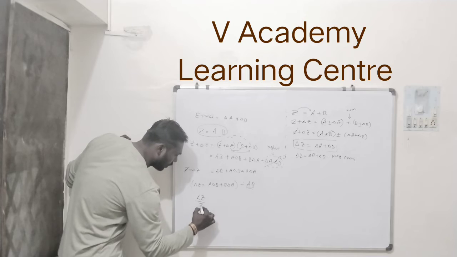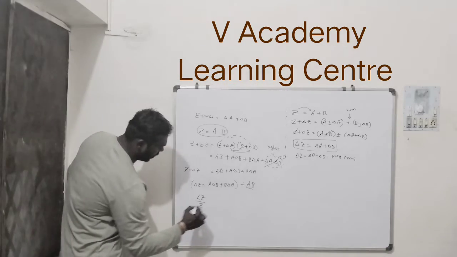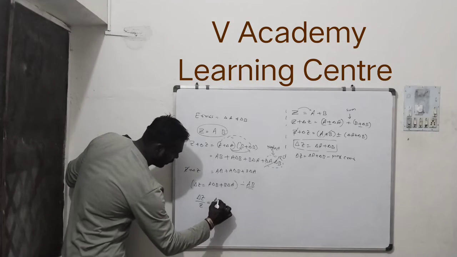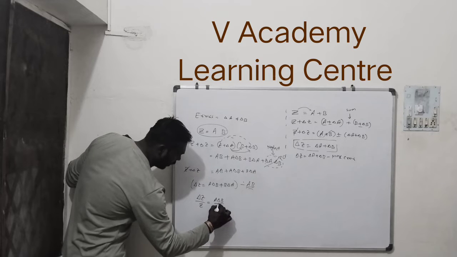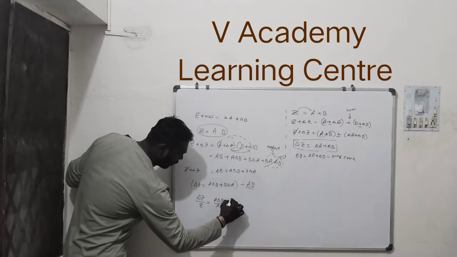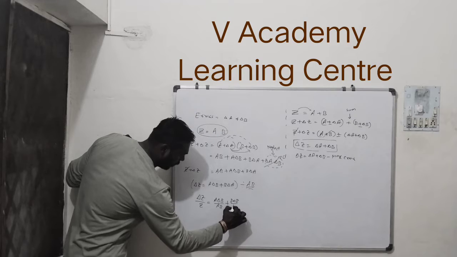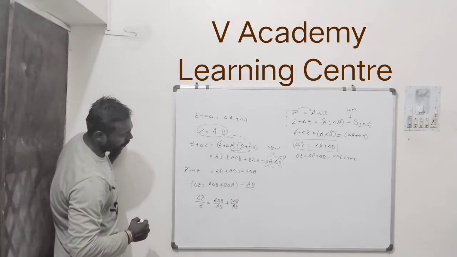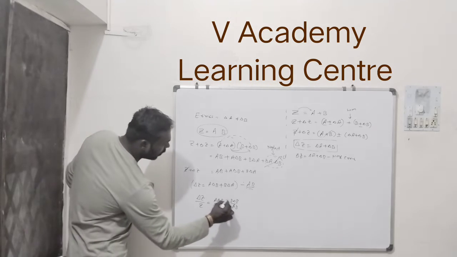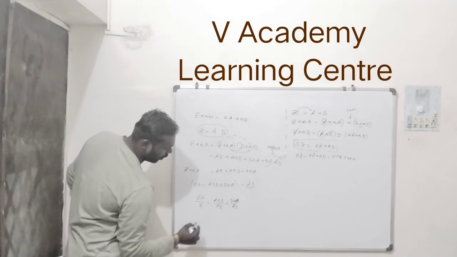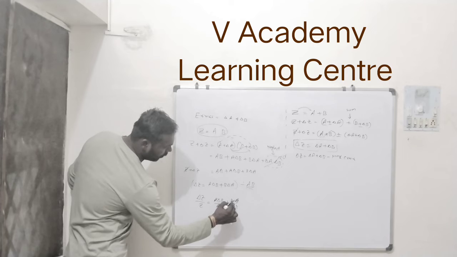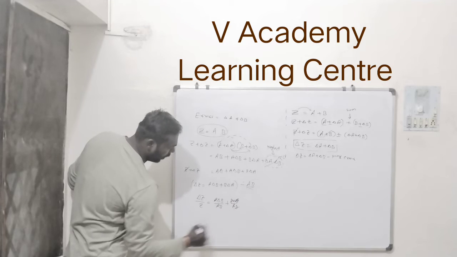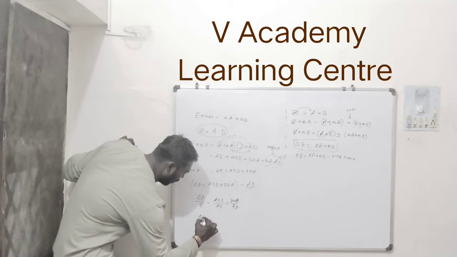Delta Z by Z is equal to A delta B by AB plus B delta A by AB. Now A cancels, B cancels. What is left here?